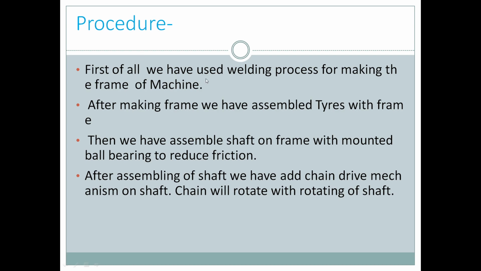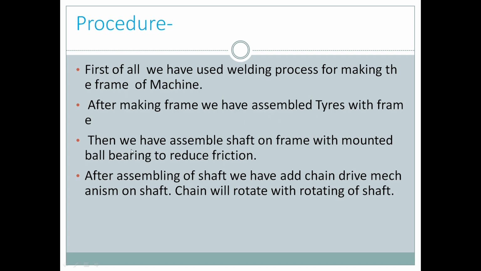First of all, we used a welding procedure for making the frame of the machine. According to the drawing, we welded the frame. After making the frame, we assembled tires with the frame.